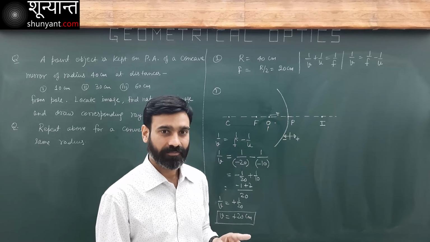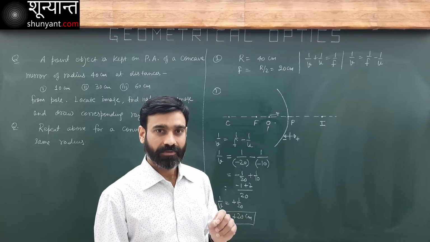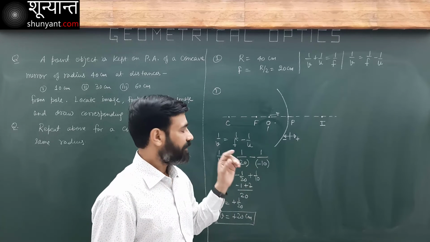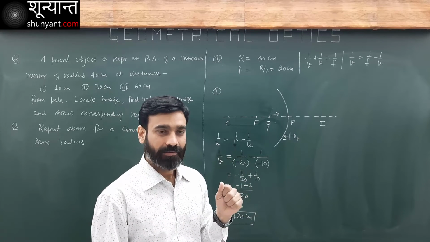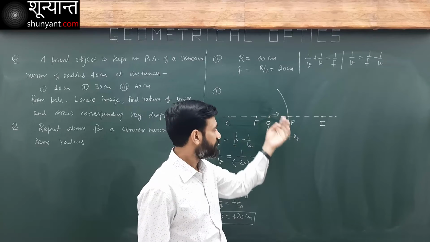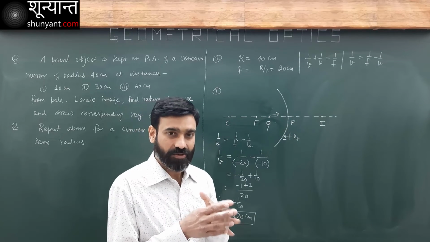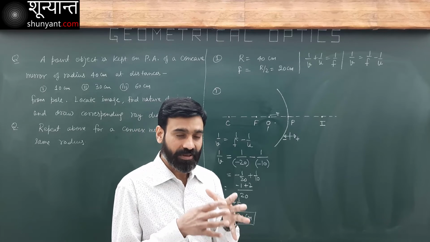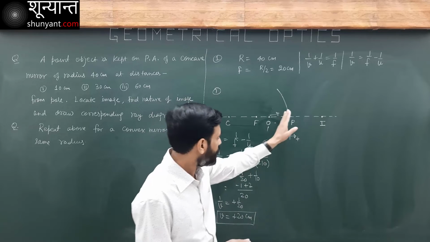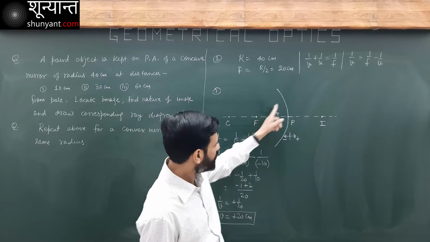In a mirror, image forms because of reflected light. The light is going towards right, the light will be reflected towards left. If they actually meet, then they can meet only on the same side. They cannot meet on the other side.